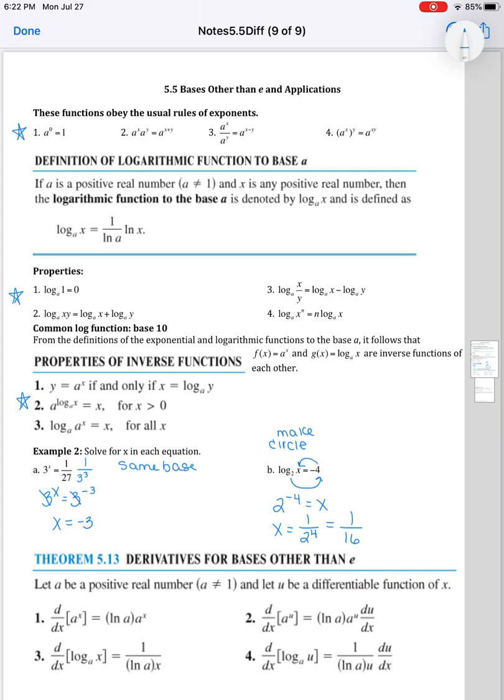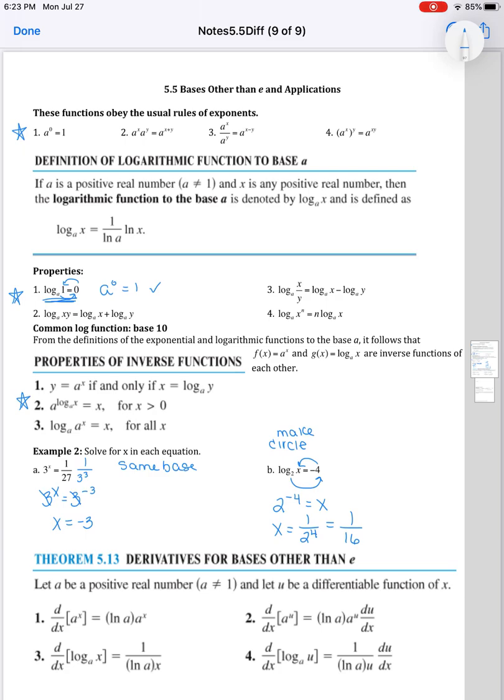So again, your goal is to get it to be the same base. The difference, though, with b is you see the word log. So this is where I like to draw my circle. So I'm going to make a circle, and I do this. And what that means is, to solve this, it's 2 to the negative 4 is equal to x.